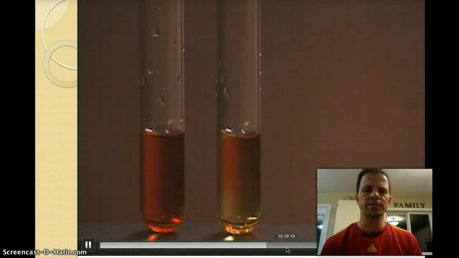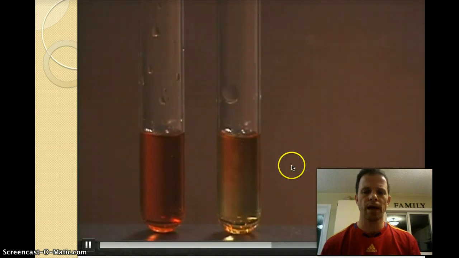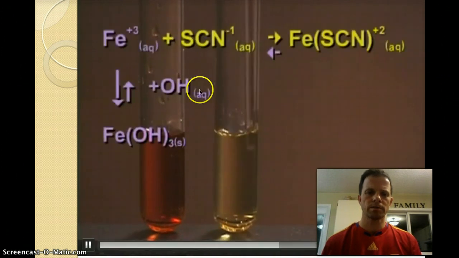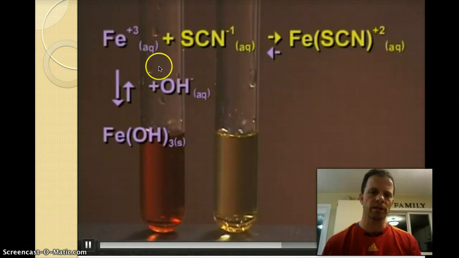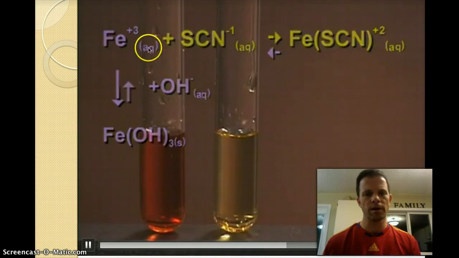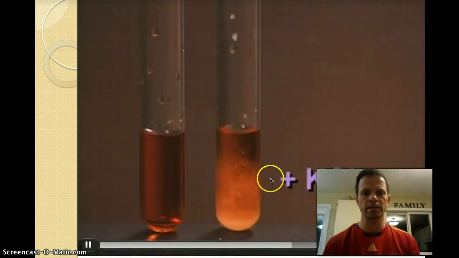It's obviously shifting towards the reactant side. Let's see the actual equation to show you what's going to happen, and we'll stir it up. So the OH actually reacts with the iron and removes iron, so therefore it shifts, because we're removing reactant.